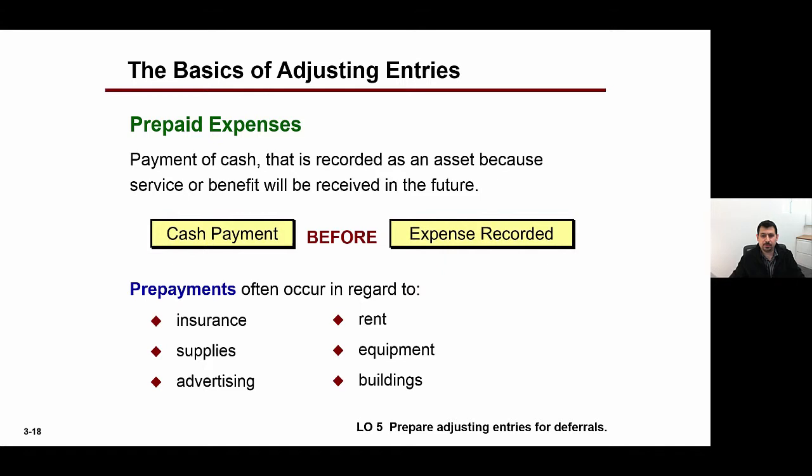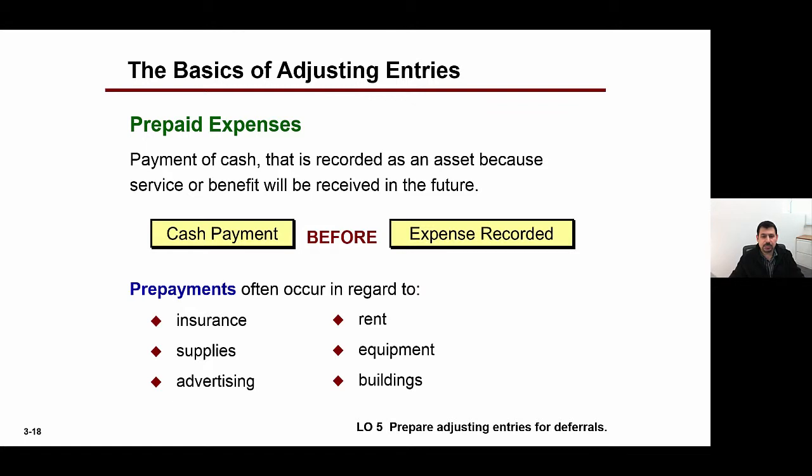So prepaid expenses. Before, we talked about prepaid insurance expense. In this case, this is where we pay the cash first, and we record it as an asset first, and then this prepaid expense, we start expensing it at the end of each accounting period.